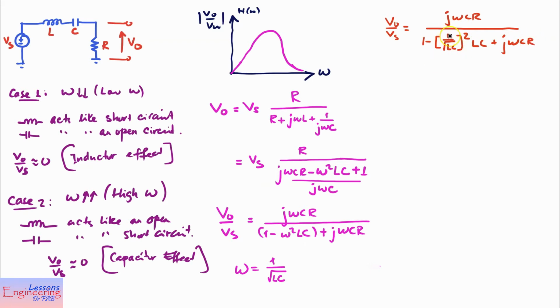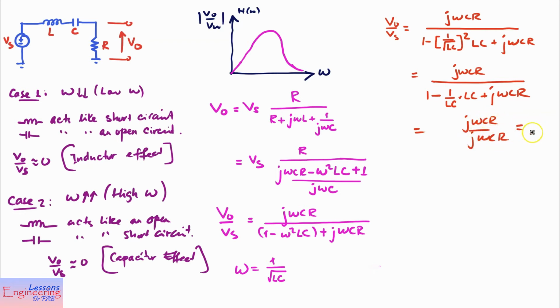For this part we have 1 over root LC squared, which gives J omega CR over 1 minus 1 over LC times LC plus J omega CR. You can see simply now that 1 minus 1 will be 0, and that simplifies to J omega CR over J omega CR. So we'll have 1.